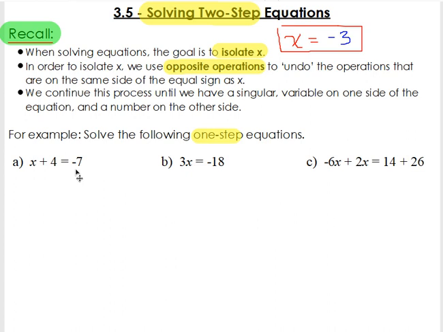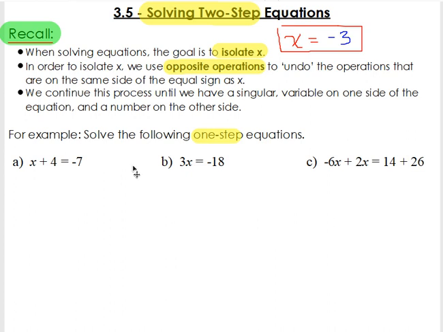However, it's important that we nail down some sort of technique, some sort of process here, so that when we're moving into two-step and beyond types of equation solving, we're going to have at least some method that we can apply to any equation to solve for any variable.